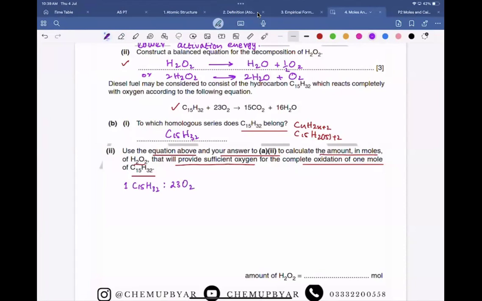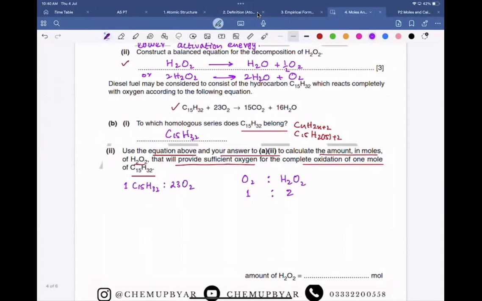Now, to get 1 mole of oxygen, we need 2 moles of H2O2. Very good. You correctly identified the ratio that for 1 mole of oxygen, 2 moles of H2O2 are required. Next, we would cross multiply these both.